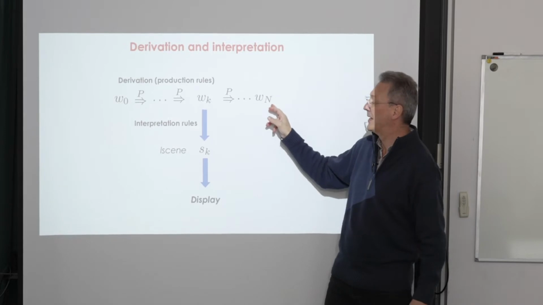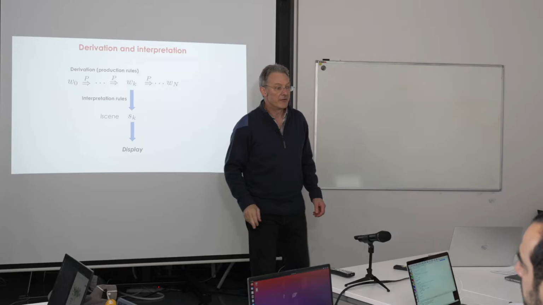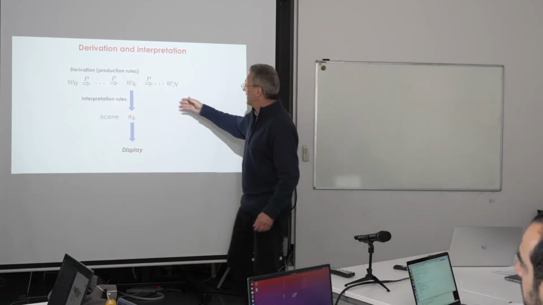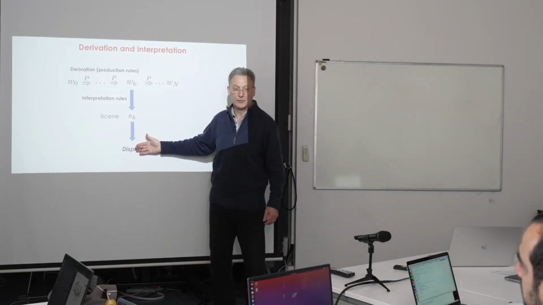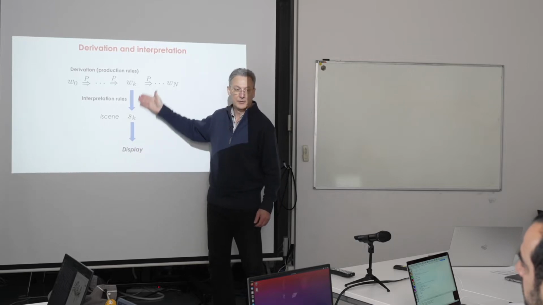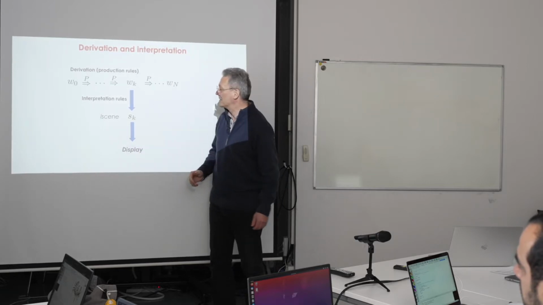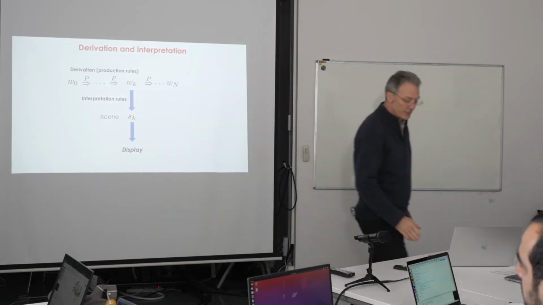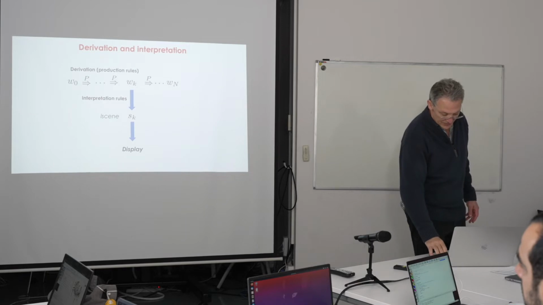The end is controlled by the derivation length variable of the LSystem. And at each step, you can ask for the computation of a scene corresponding to your LString through the interpretation rules. Okay, you remember this frame.